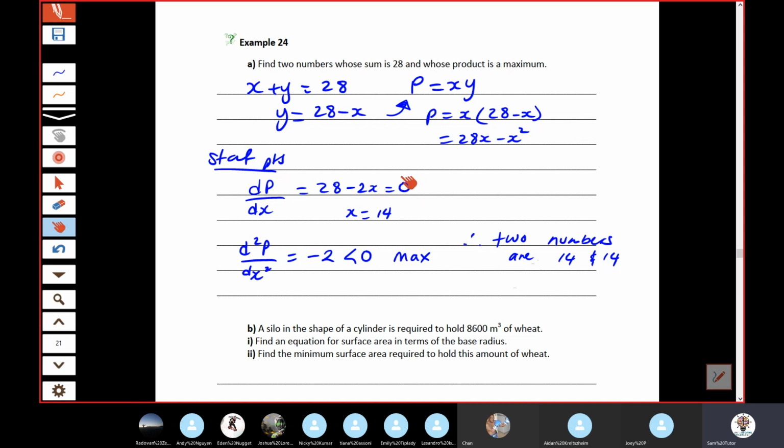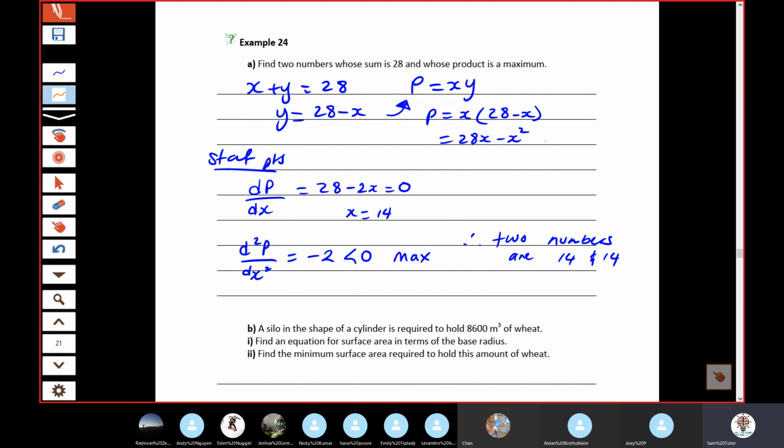So you found the critical point. You went and found your stationary point. And you found that that stationary point is a maximum. So the maximum value you're ever going to get for your product is when x is 14. The maximum that occurs is at 14. That's what you're literally finding, when that maximum occurs. Does that make sense? Okay.